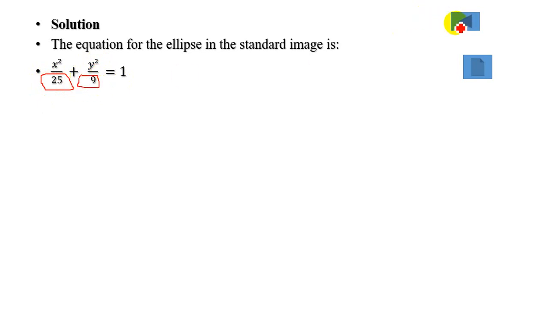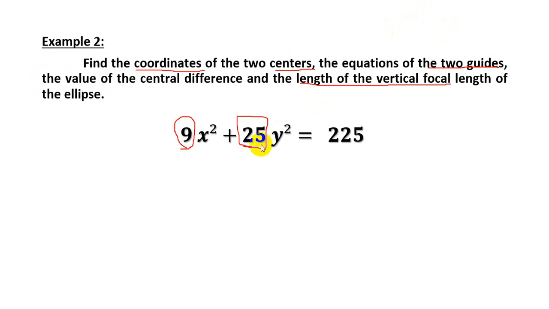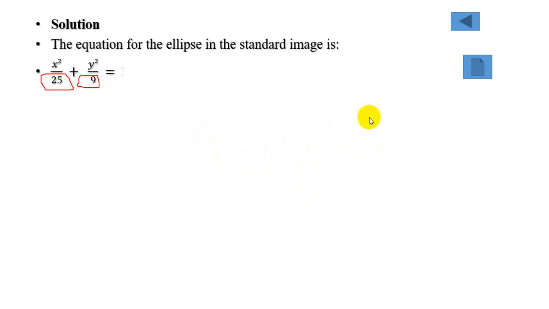It comes from here, because if I divide by 9 it will be here, and if we divide by 25 it will be there, and that equals our equation here.